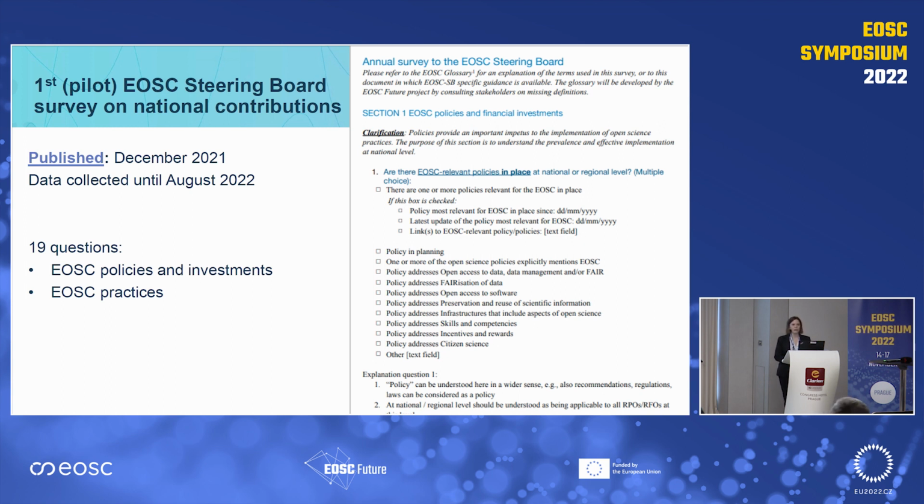If you want to have a look at the questions and the definitions and guidance on these questions, you will be able to access them through this link up here. There were 19 questions on EOSC policies and investments, EOSC practices, and the data were collected from the steering board members until August this year.